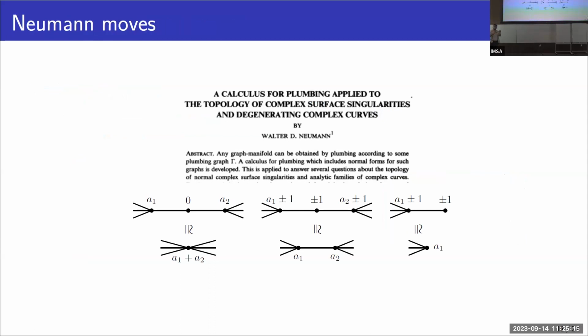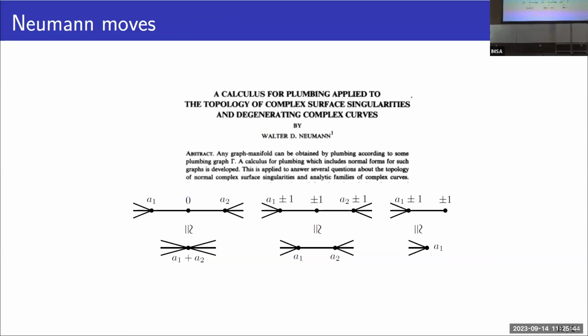So when you change the graph according to these moves, the three manifold doesn't change. Yeah, so it's important to keep in mind that this graph determines a three manifold, but it's not the case that the three manifold determines a graph. It's a class of graphs under some moves. So the graph is really the choice of a four manifold, like the resolution of singularity which we choose, and there are lots of resolutions.